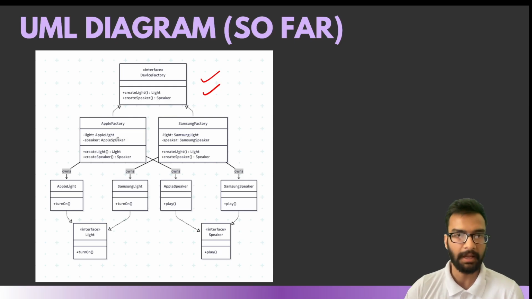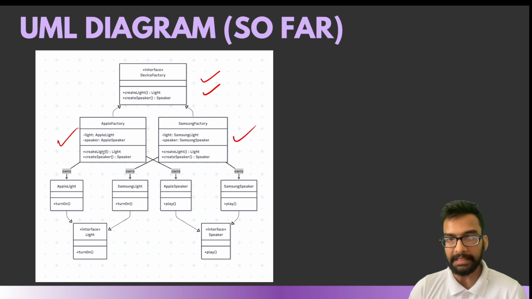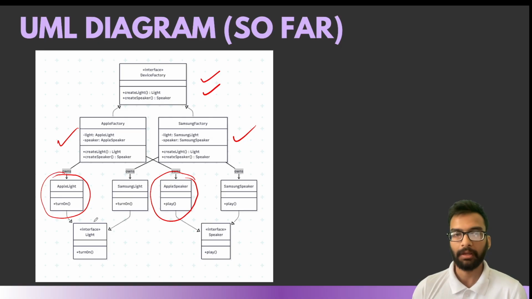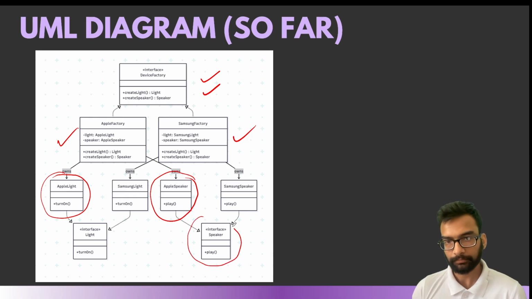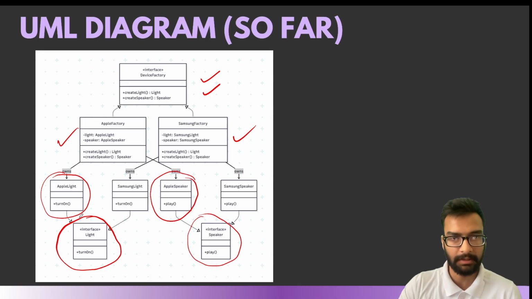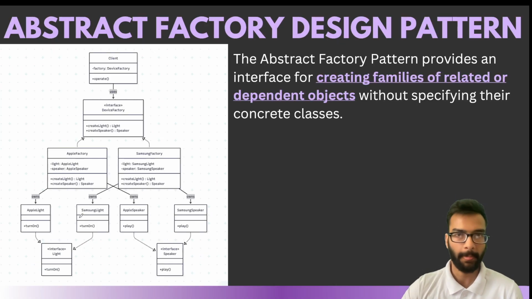This is an interface, and then it has concrete implementations, Apple factory and Samsung factory, and in turn these return either Apple speaker or Apple light, which in turn implement light or speaker. So yeah, this is the UML diagram so far.